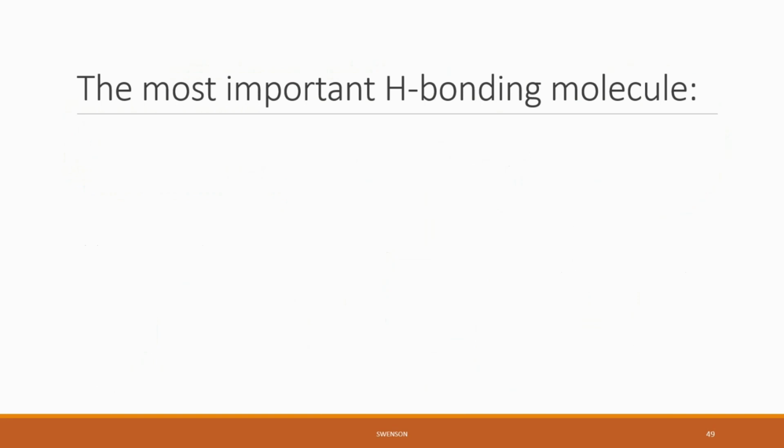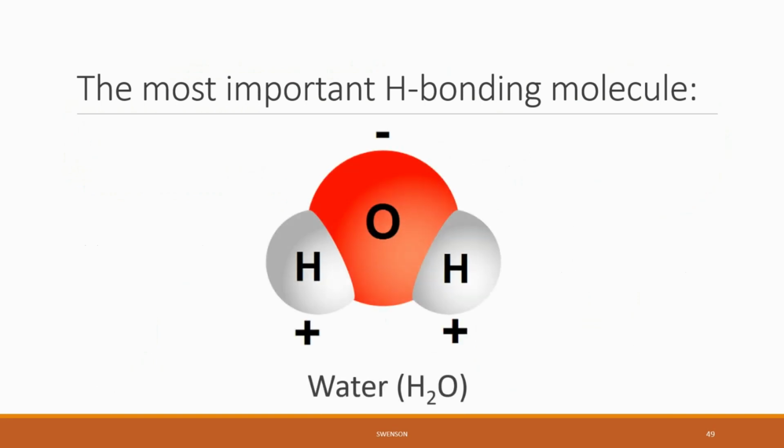And this brings us to the most important hydrogen bonding molecule of them all. A molecule of water is H2O, meaning that it is made of two hydrogens that are covalently bonded to and sharing their electrons with an oxygen atom. However, they are not sharing their electrons equally because oxygen is very greedy with its electrons and hydrogen is not.